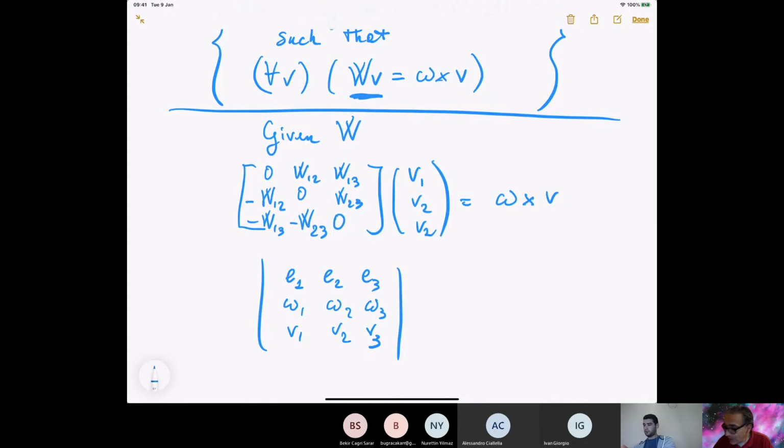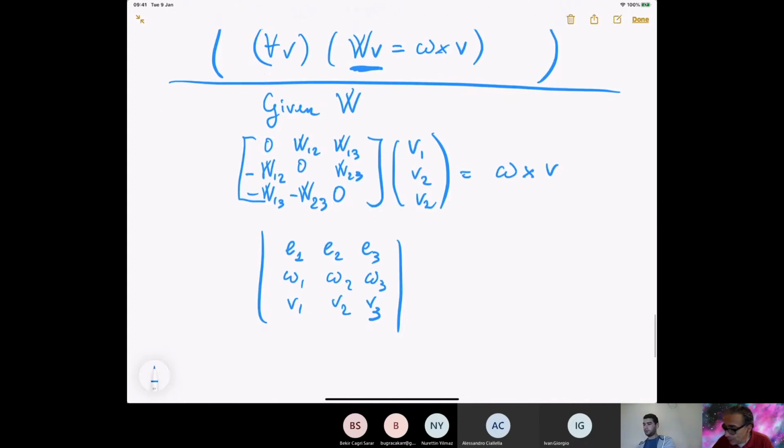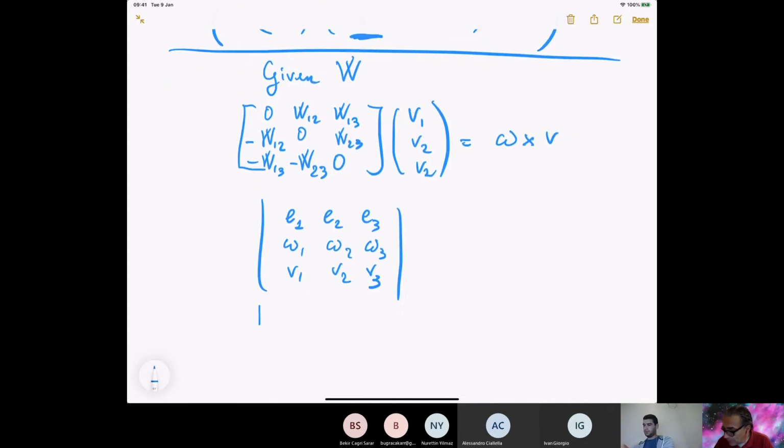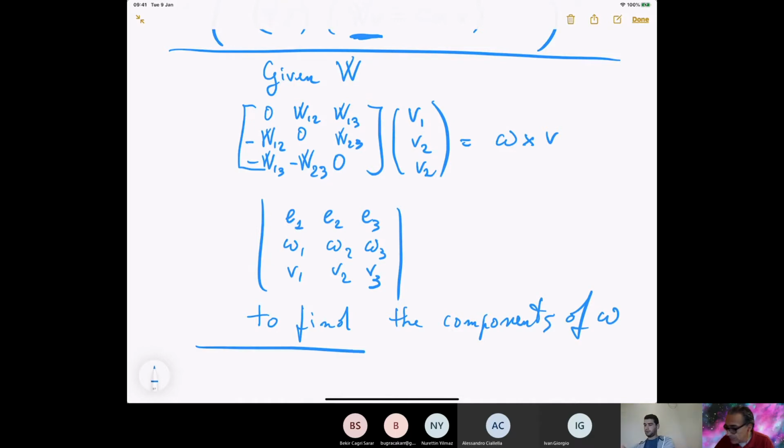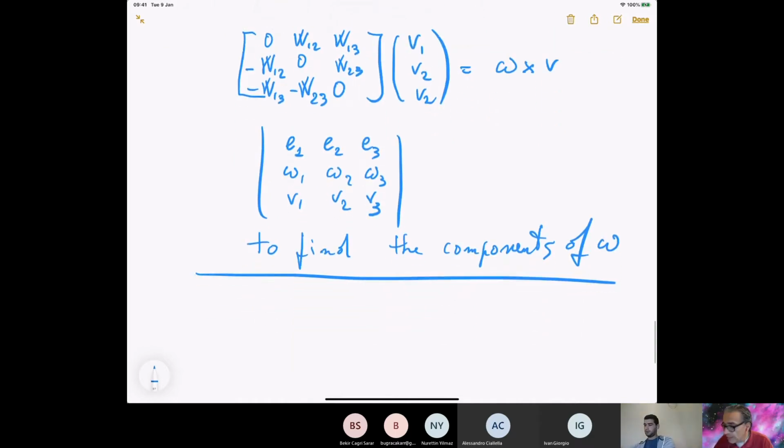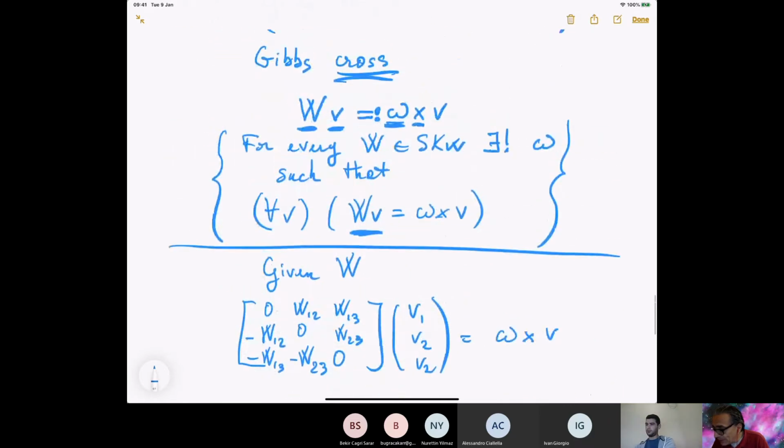Okay, so given W, you must find the components of omega. It is a trivial computation, but please do it so you are persuaded of what I'm telling you.